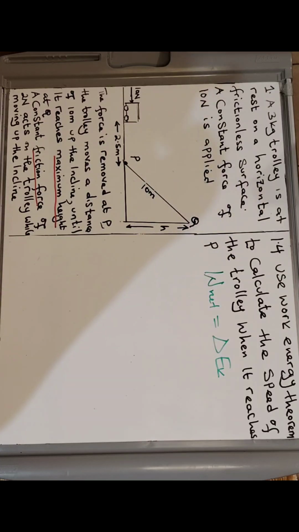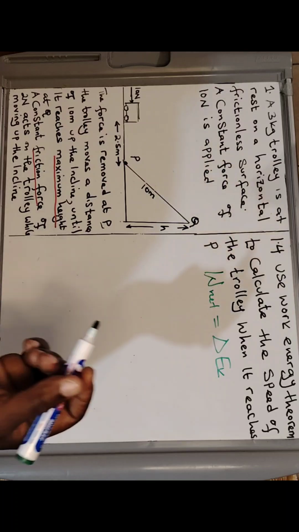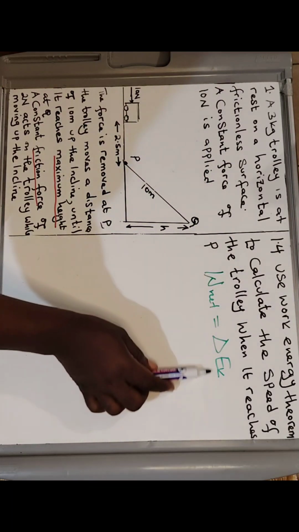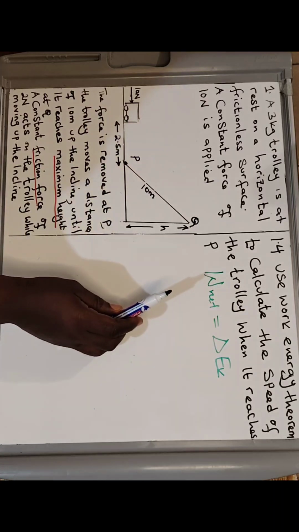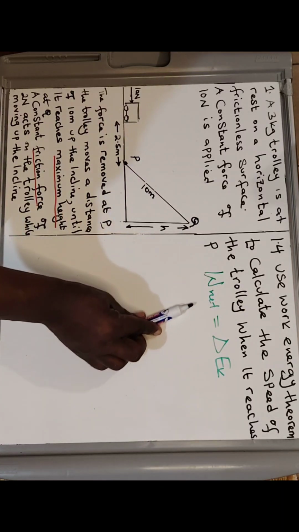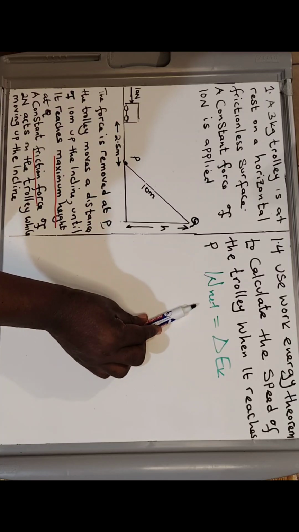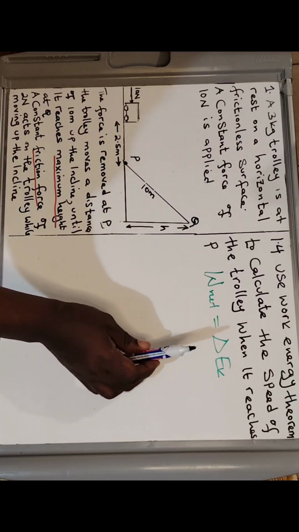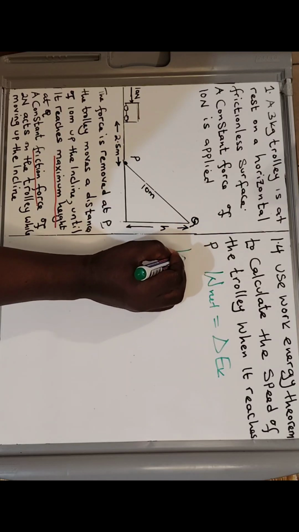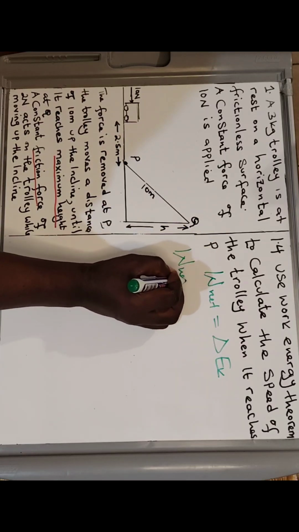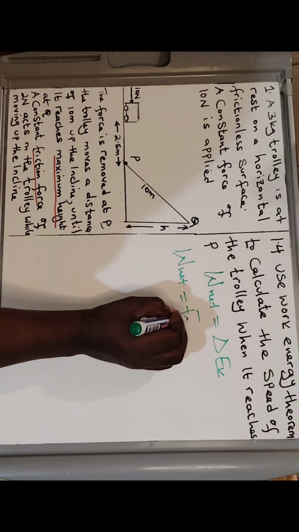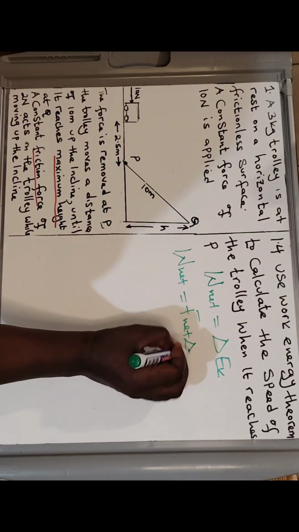What we normally tell our learners is that after this, you can expand it further. We know that net work done is equal to net force times displacement. So we can expand this to become net force times displacement.